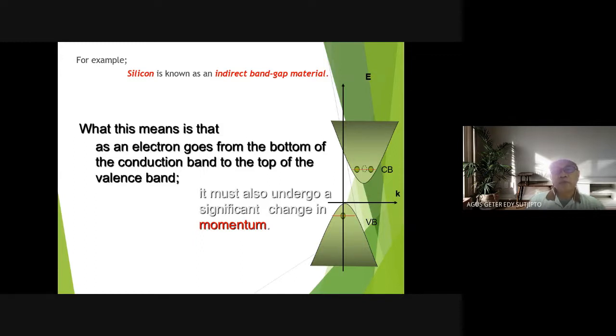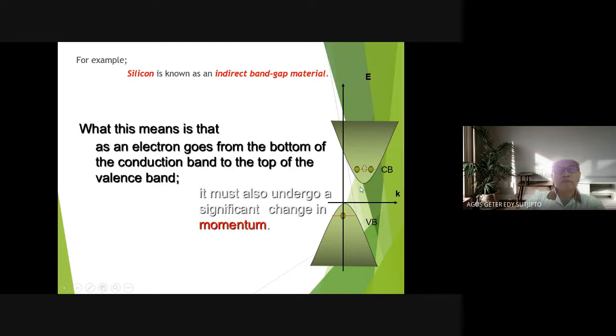So silicon, with 1.1 electron volt, is an indirect band gap material, meaning that the crystal momentum k is not the same between the valence band and the conduction band in silicon.